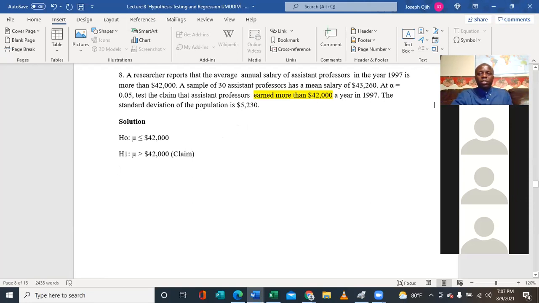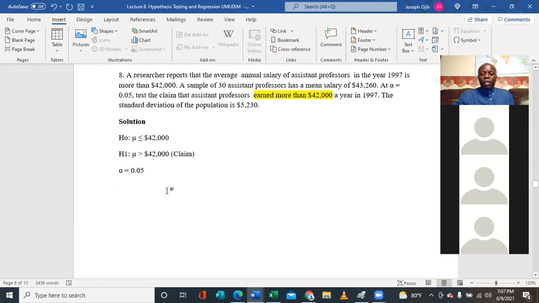What's our alpha here? 0.05. So that means if we are going to commit a type 1 error, our chance of committing that error is only 5%. So now we can get a critical value. Now, this is also a right-tailed test because it is greater than.